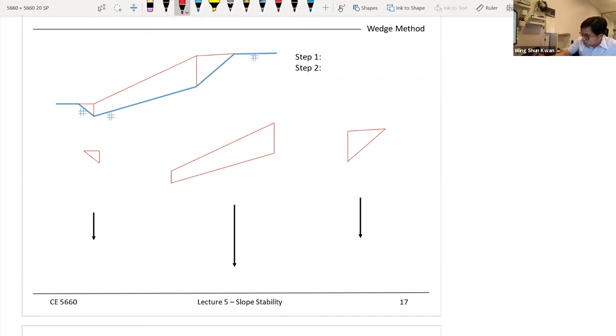When you fail, your soil will slide on the rock, or you have a weak plane right there. You will fail as a wedge instead of a circle. So that's something else we need to deal with.